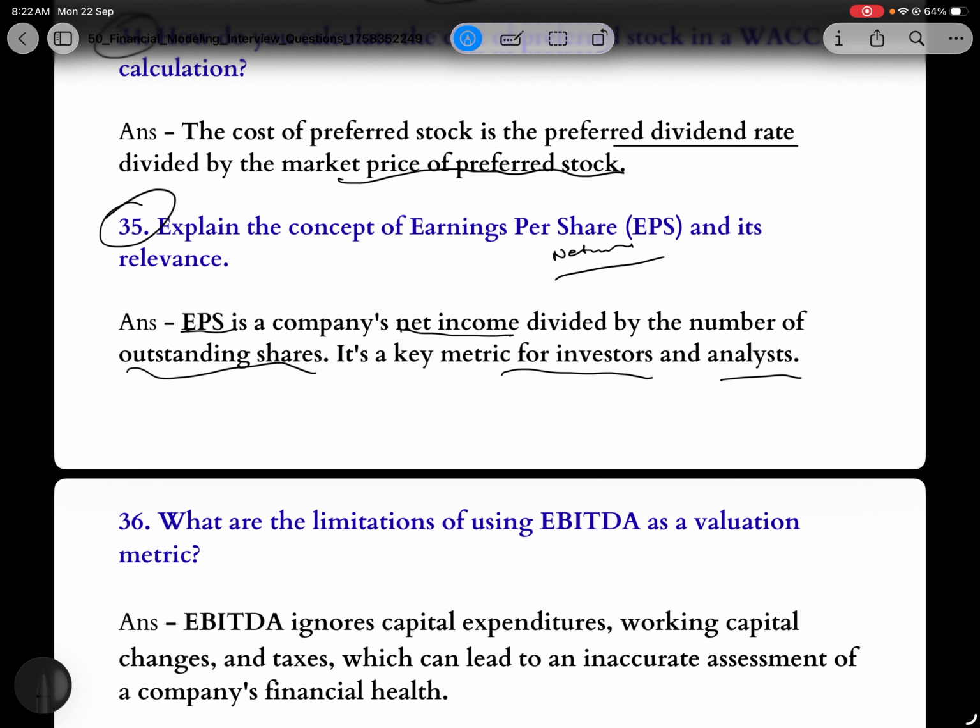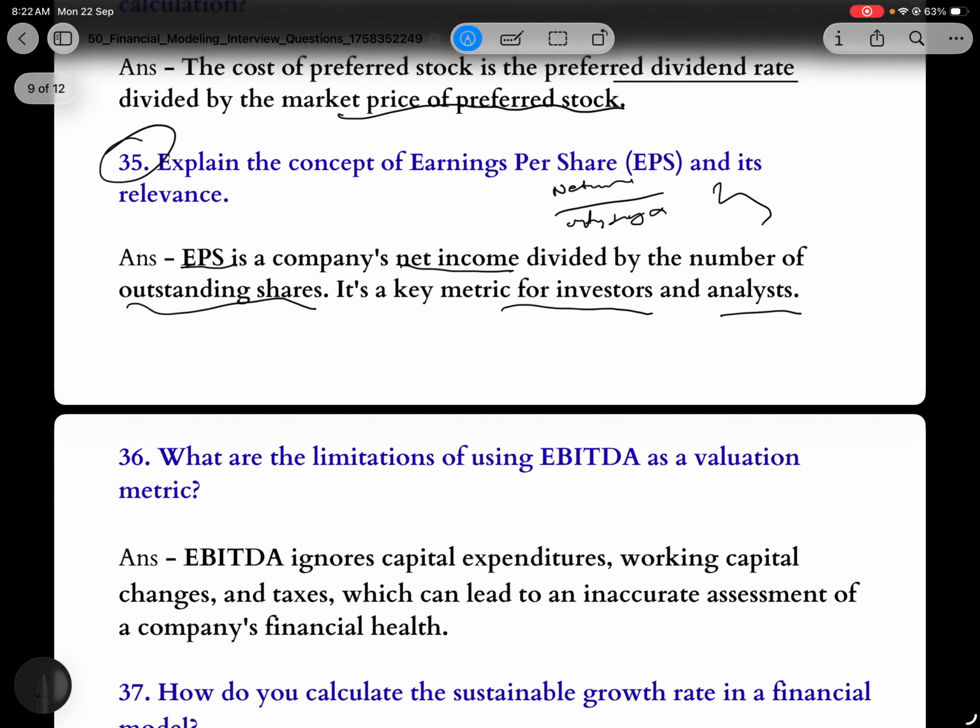And when we use outstanding shares, we normally tend to weight it across different months, because there might be some stocks that have given out bonus shares, and in that situation it might be a little bit different. Then there is diluted EPS as well, but what we can just remember is net income divided by your number of outstanding shares. That's your EPS.